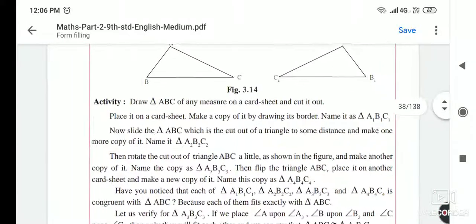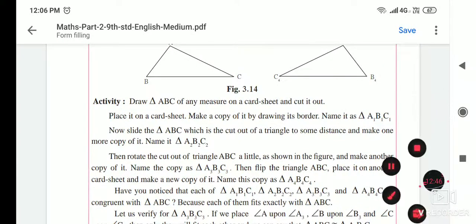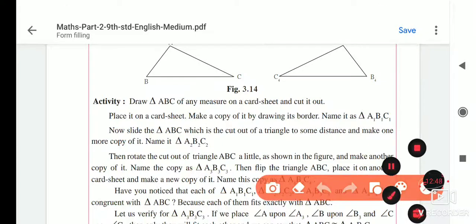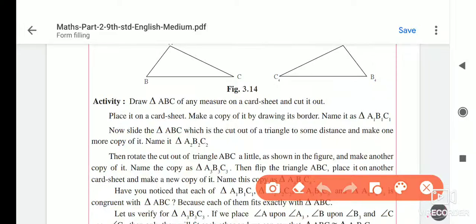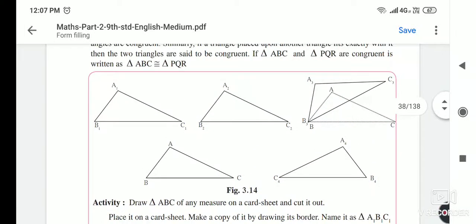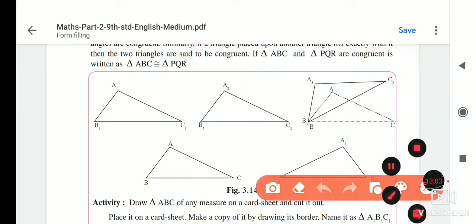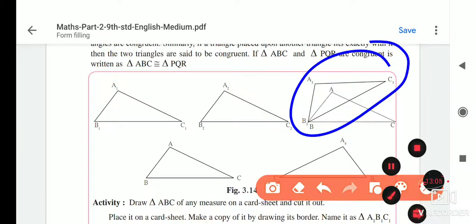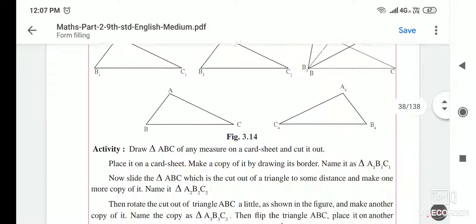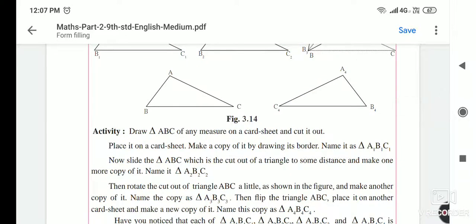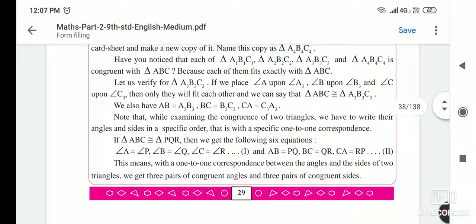Now what we have done: first we drew one triangle, and using the same measure we drew A1, B1, C1, A2, B2, C2, and A3, B3, C3, these 3 triangles on one card sheet paper. Then a little bit flipped, one more triangle, that is A4, B4, C4, we draw on another card sheet paper.